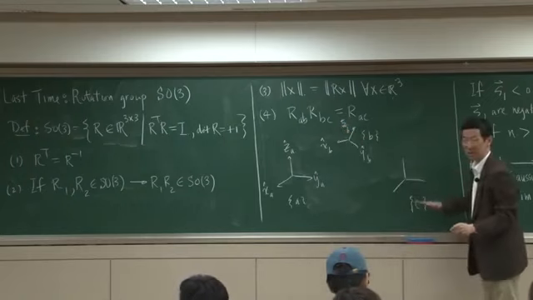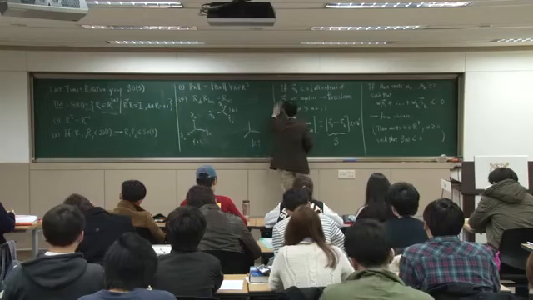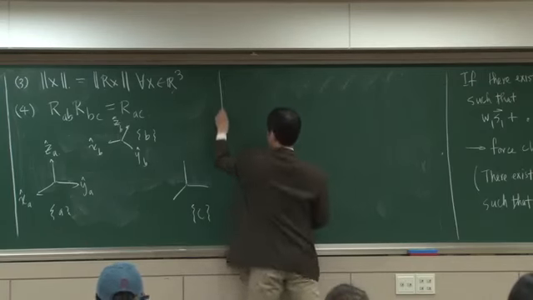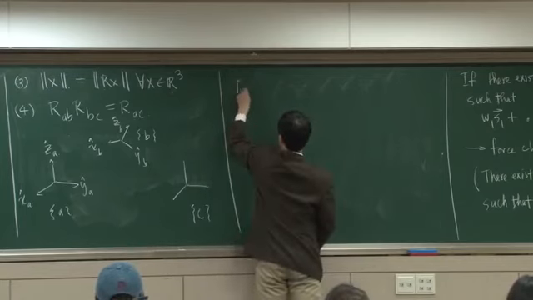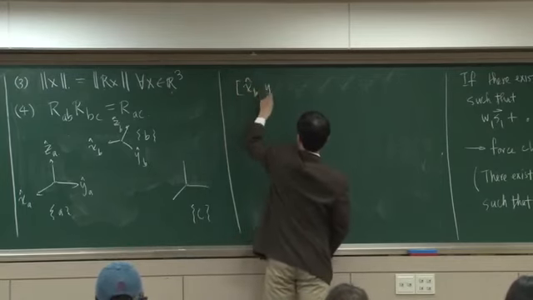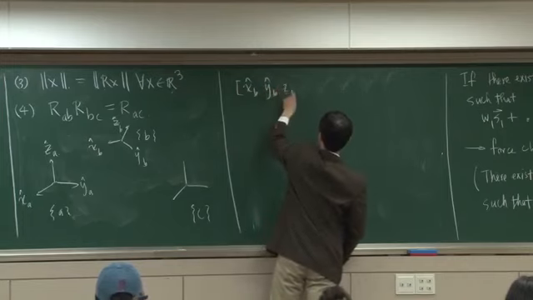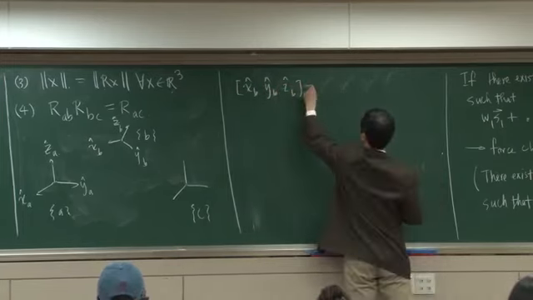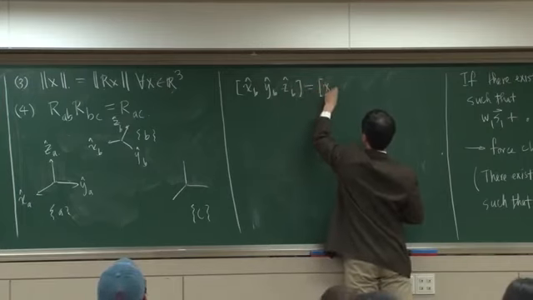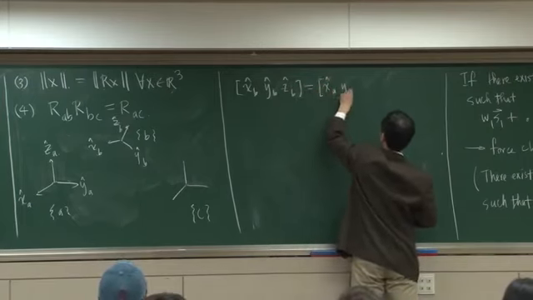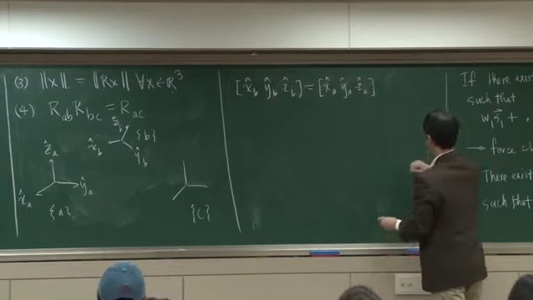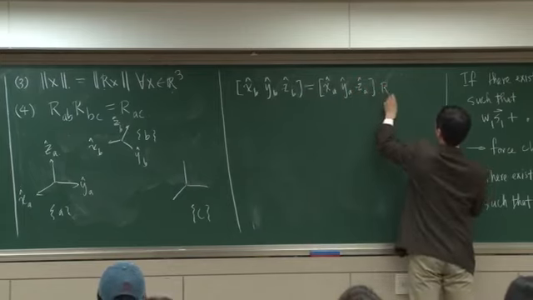And similarly for the C frame. Last time I showed you that we can write XB, YB, ZB in the following form: XA, YA, ZA times RAB.